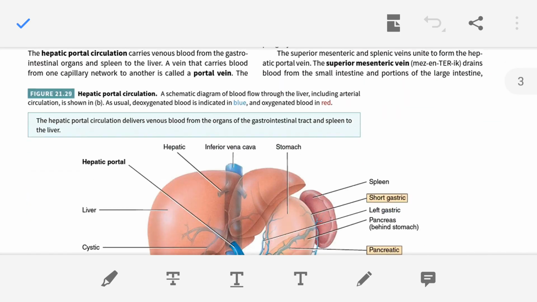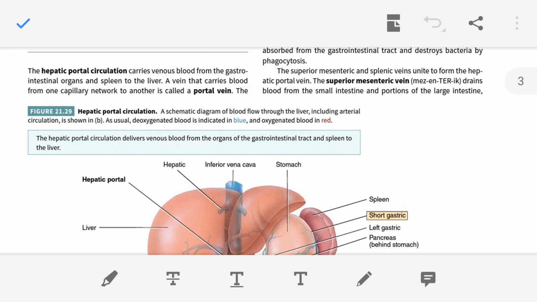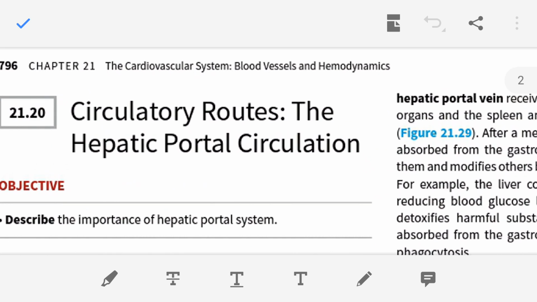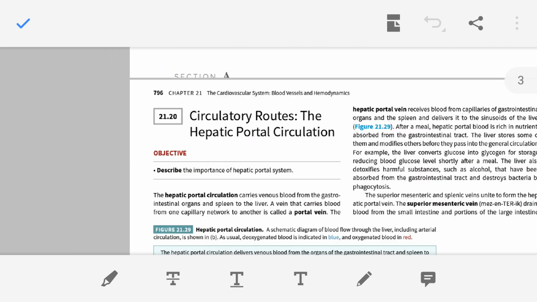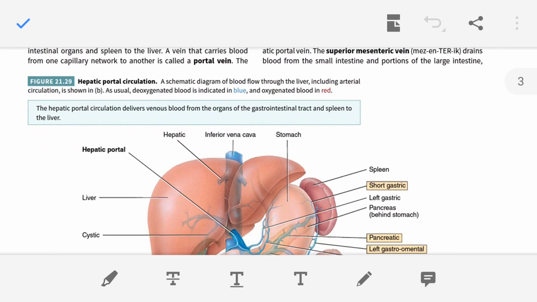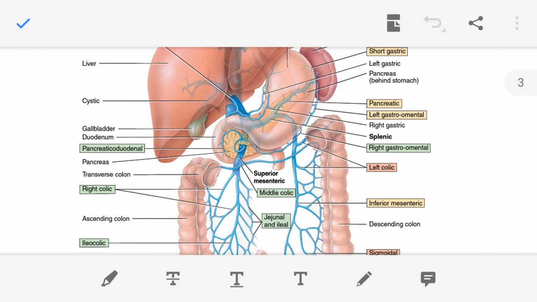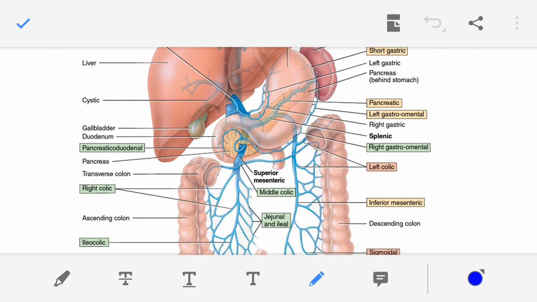Now one more figure. This one is the figure for the hepatic portal circulation, and this is the GI tract. We know the digestion process takes place in the stomach, small intestine, and a little bit in the large intestine.